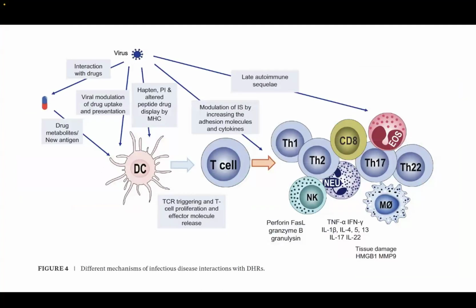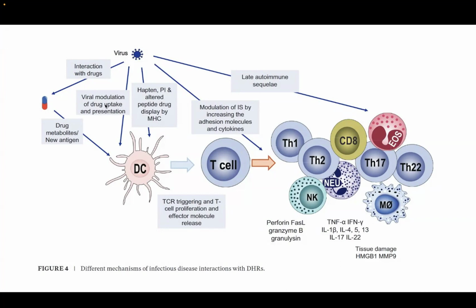So briefly about the infection. This is an important cofactor in many drug reactions, especially the delayed reactions. So how can the presence of a virus predispose to the drug reaction or make the drug reaction more pronounced or more severe? The virus may interact with a drug and cause drug metabolites or new antigens to be presented by dendritic cells to the T cell.